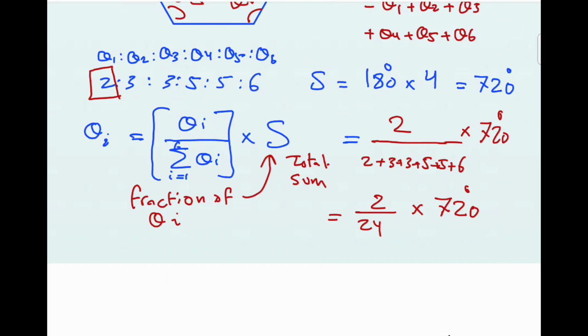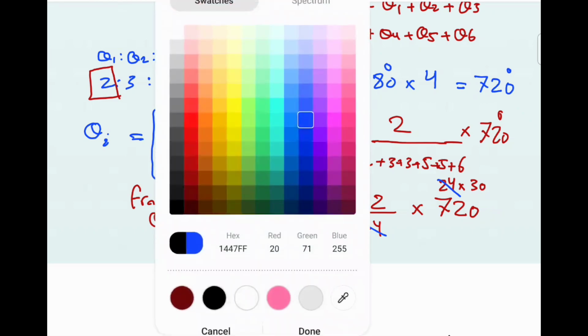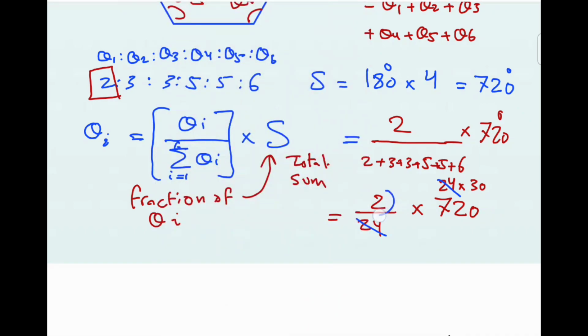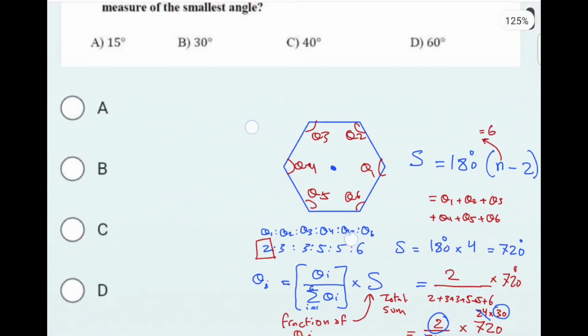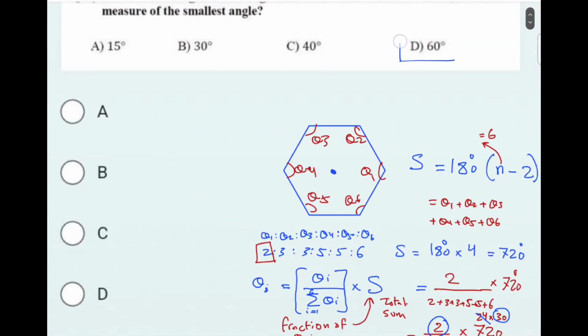So we know that 720 is just 24 times 30. So 24 with 24 will cancel out, and in this case the answer is equal to 2 times 30, which is 60 degrees.